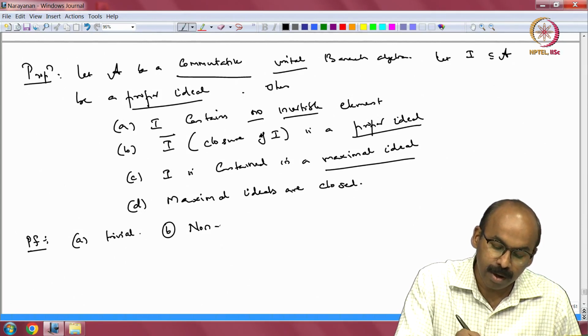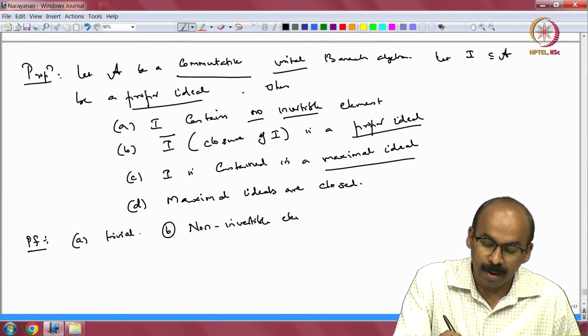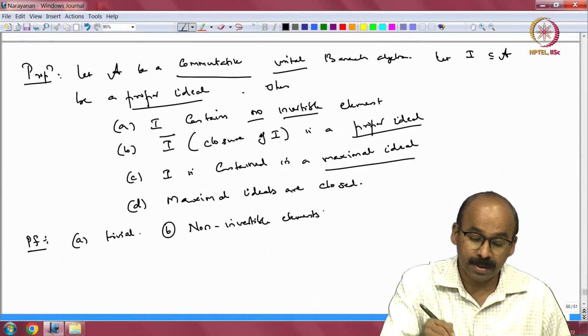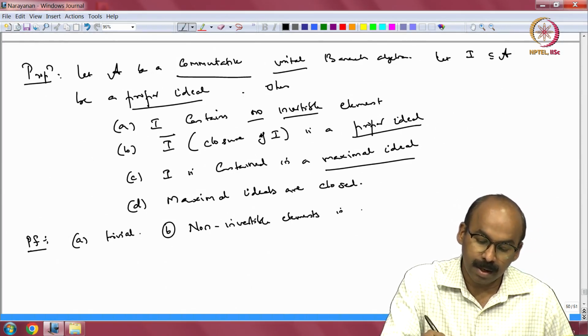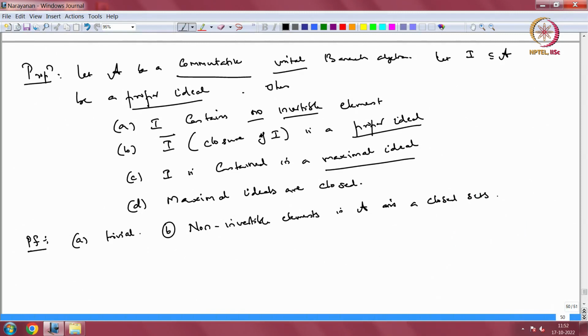So, non-invertible elements in A is a closed set, and I is contained in that, right.